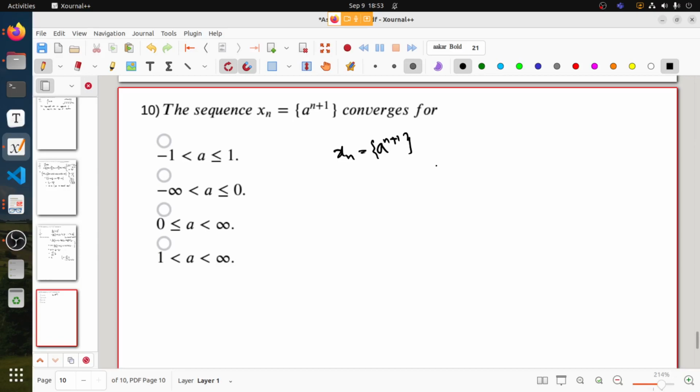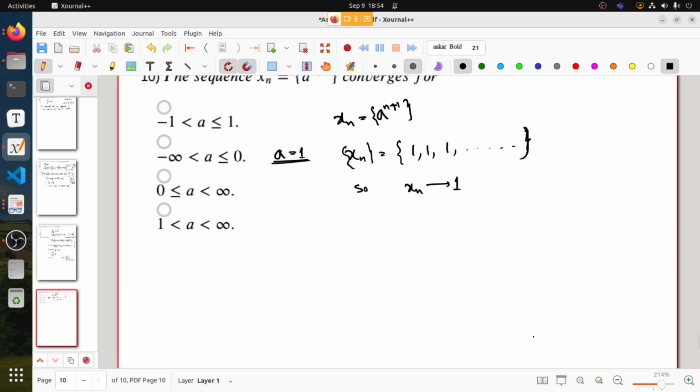First choose a equals 1. Then everything will be 1, so it is a constant sequence and xn converges to 1. So for a equals 1, this sequence converges.